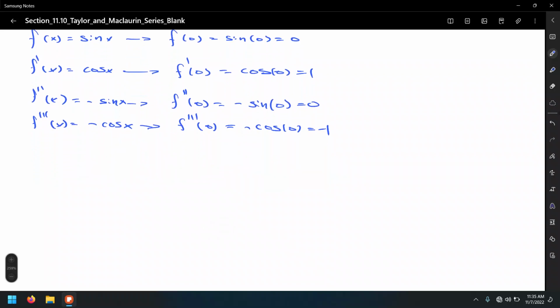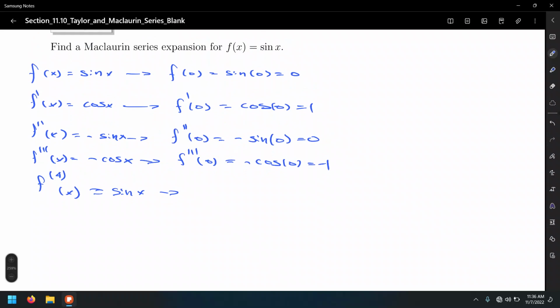F quadruple prime, in this case we use parentheses and the number 4 for the fourth derivative, and on we use this notation, the order of the derivative in parentheses. So f fourth of x, and what's the derivative of cosine? First of all, that's negative sine times the negative in the front, that's going to be sine.